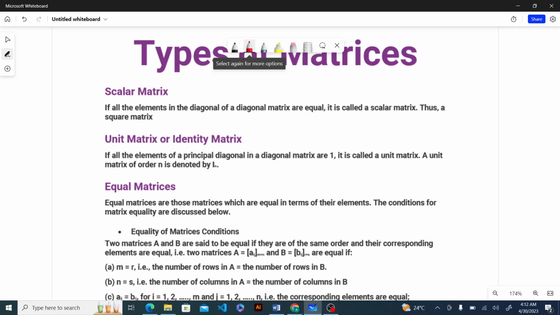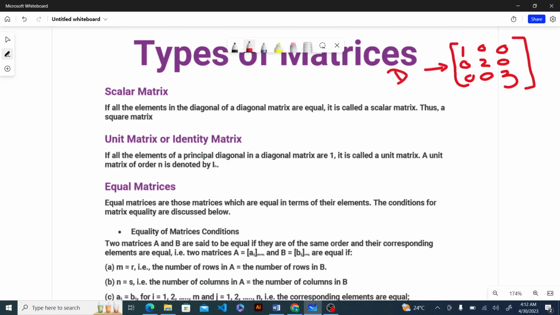Diagonal matrices are those matrices whose diagonal elements are non-zero, and other than diagonal elements, all the elements of the matrices are 0. Okay, so this is the diagonal matrix, and the diagonal matrix in which all the diagonal elements are equal, then it will be scalar matrix.